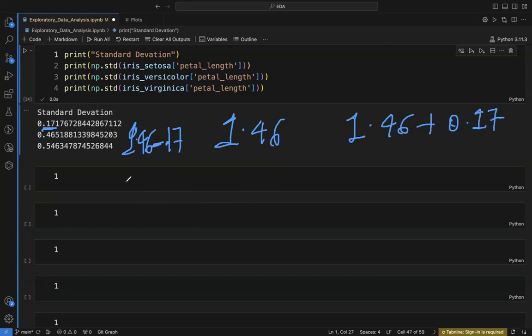So most of my points lie in this interval, and a large number of my Setosa flowers lie here, right?